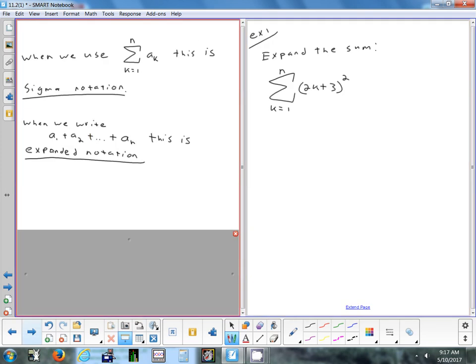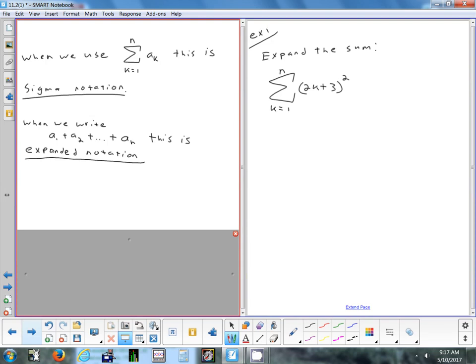Okay, so here's another one. They're asking us to expand the sum. Where are they telling us to start? Plugging in k equals 1. And sometimes you can start at 2. It just depends on where they want you to start. Where do they want you to end? N. Because n's not a number that we know, it would be a finite number.